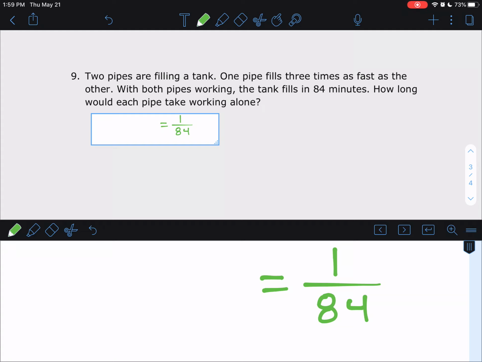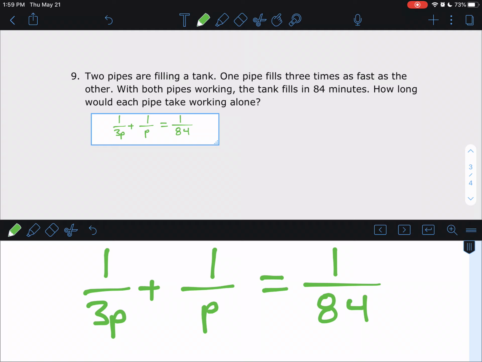So we don't know either of the pipes individually, but we know that one of them is 3 times as fast as the other. So I have 1 over P for pipe. So here's my first pipe, and the other one is 3 times as fast. So 1 over 3P.